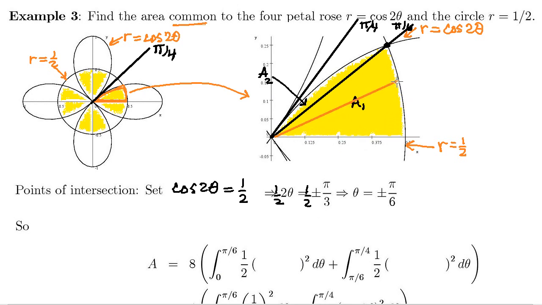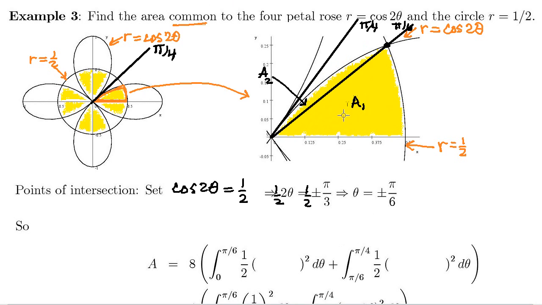It starts at 0, ends at pi over 6. That's sweeping the circle. So those are these limits here. And then the next limits are pi over 6 to pi over 4 as it sweeps the cosine 2 theta. Okay, and that's right here, pi over 6 to pi over 4.